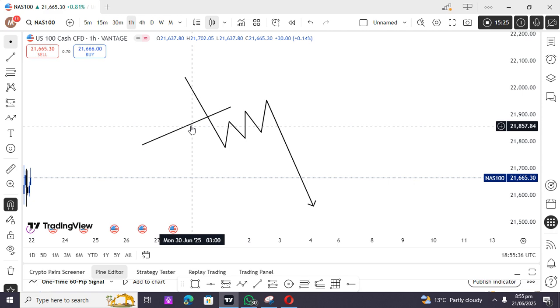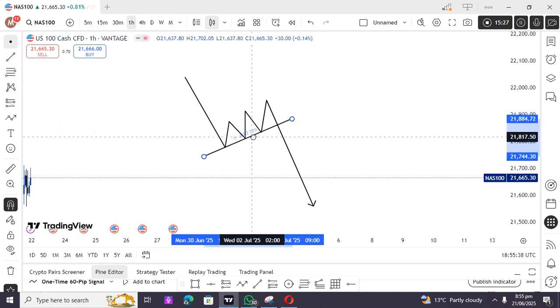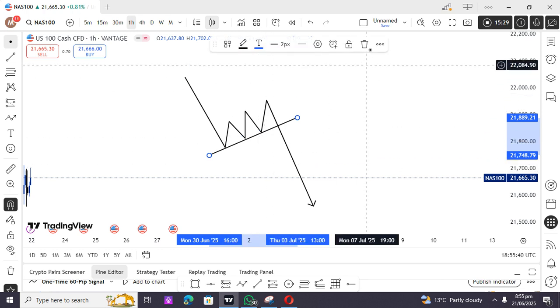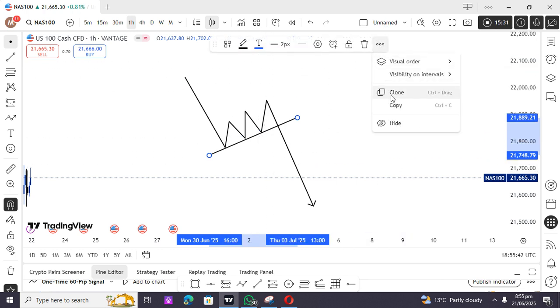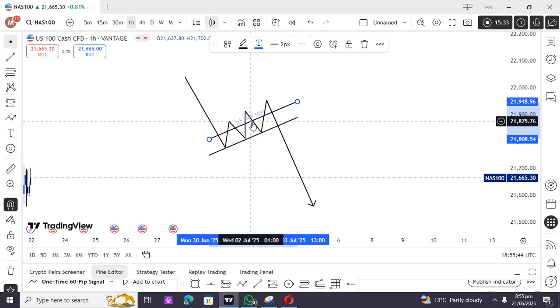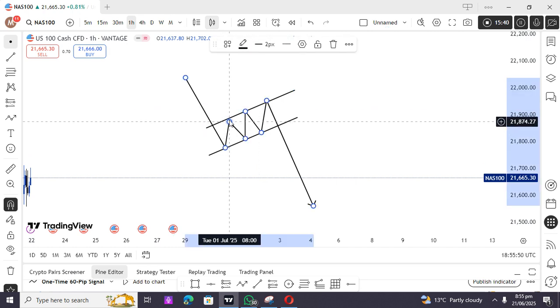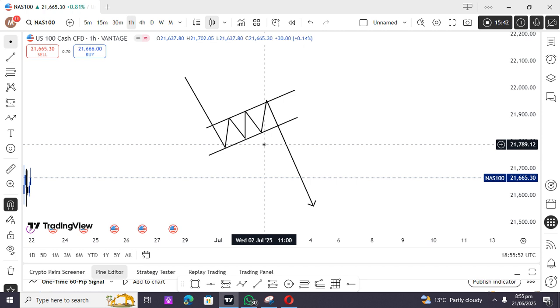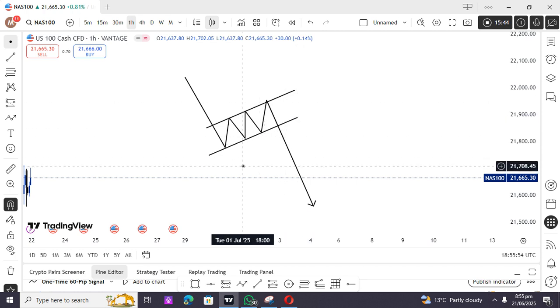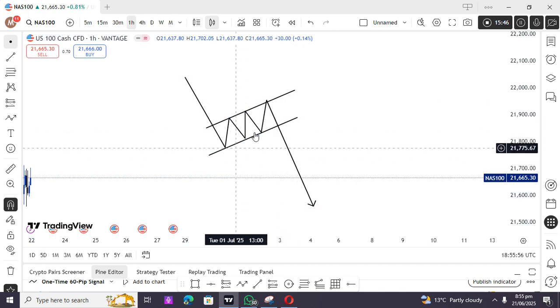You just follow the trend. Follow the trend, guys. Trade what you see. Don't go against the market. I think something like this. I'm not sure whether it's clear or not. Something like this. Understand? Just wait for the market to do this.